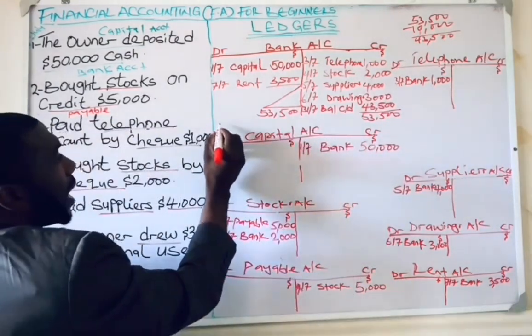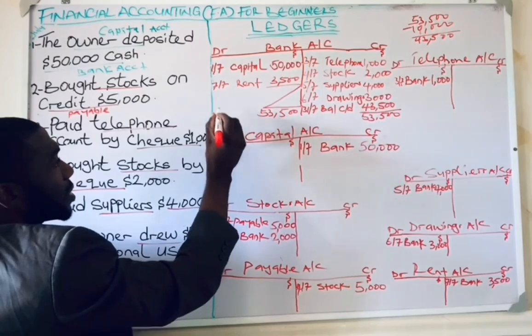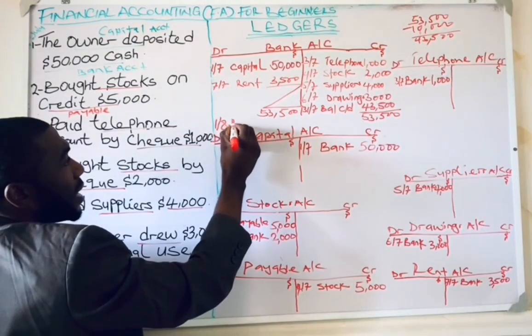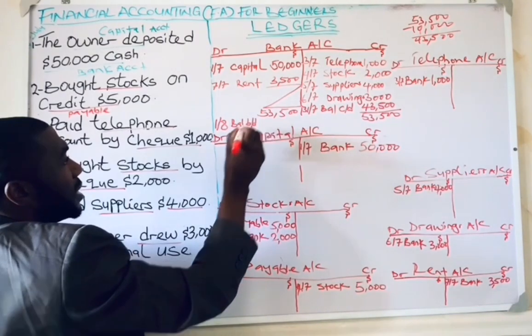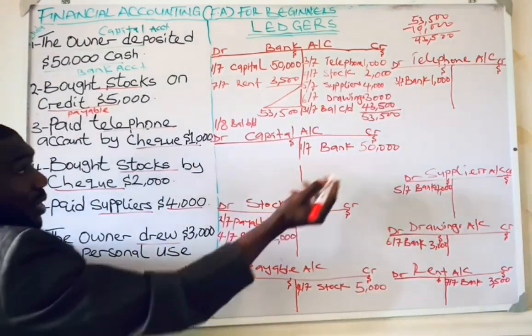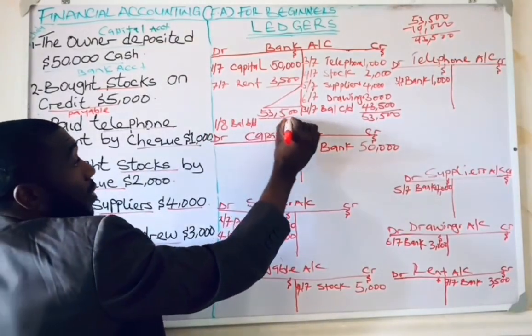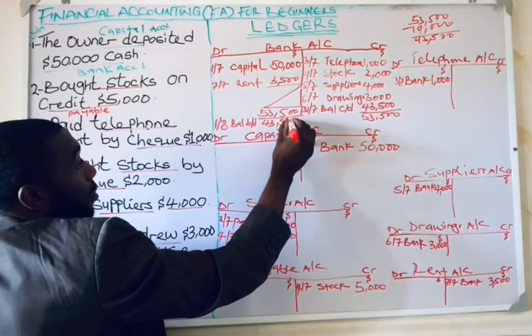Now, at the beginning of next month, the 1st of August, you will have balance brought down, or brought forward, BD. You're going to bring the balance down because of the debit balance of 43,500.